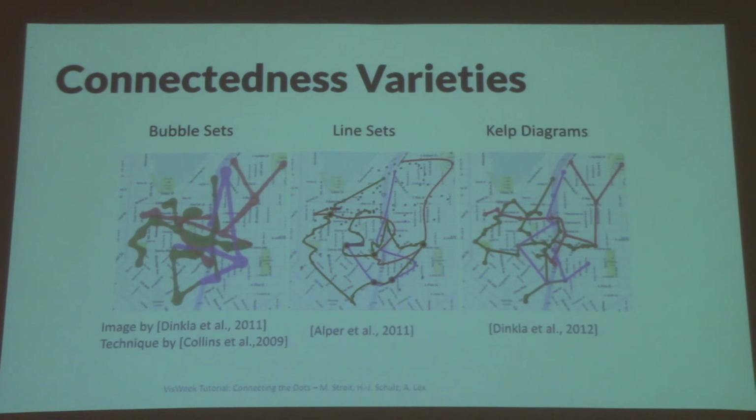For example, there is a technique called bubble sets that shows you set relationships on top of any arbitrary scene with these bubble highlights, or there is line sets that simply connect related items with lines. And here these are kelp diagrams. They're similar to the line sets, but instead of having a continuous line, they branch off and so on. So those are some examples of recent research in this area.